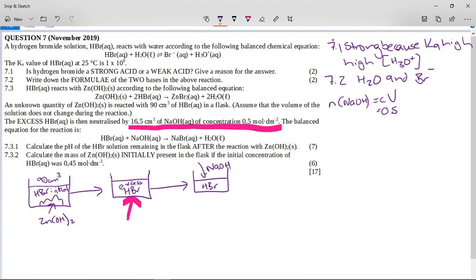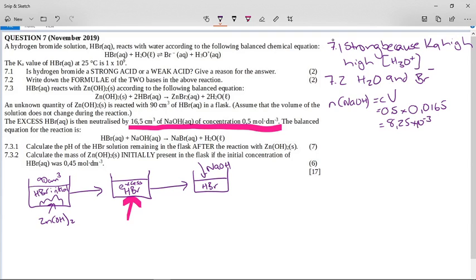The concentration was 1/2 mole per cubic decimeter, and they added 16.5 cubic centimeters. Remember that you have to convert the 16.5 cubic centimeters to cubic decimeters. Then you will end up with the number of moles of sodium hydroxide, and it's going to be 8.25 times 10 to the negative 3 if you use your calculator.